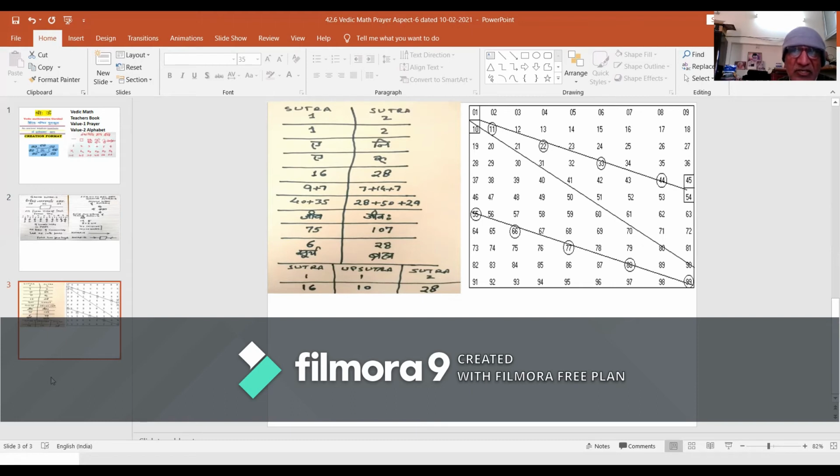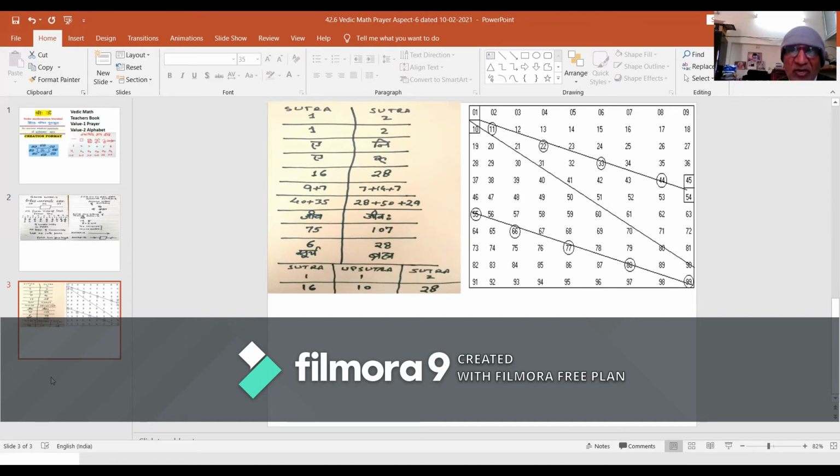The first letter of Ganita Sutra 1 is A, and the second letter of Ganita Sutra 1 is Ka. The number of letters of the text of Ganita Sutra 1 are 16, while the number of letters of Ganita Sutra 2 are 28.